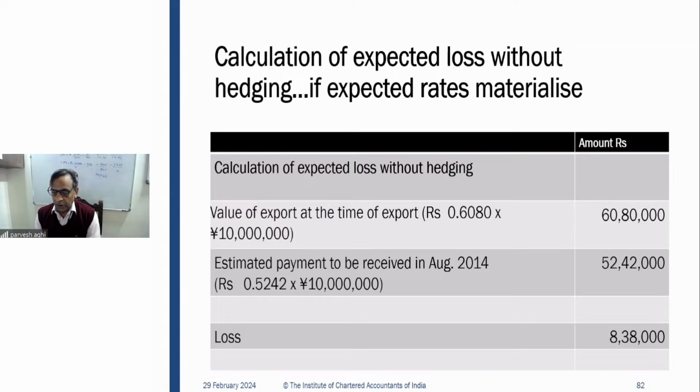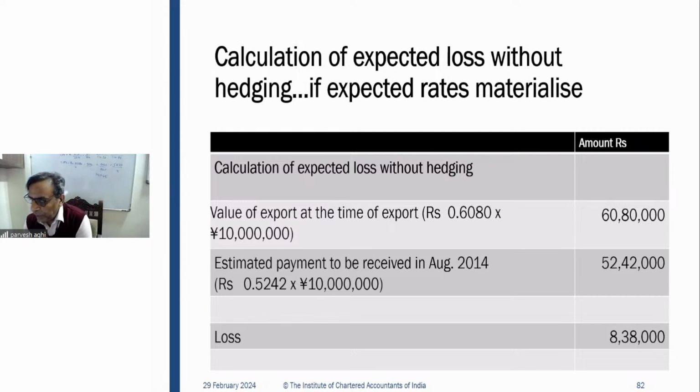The value of exports at the time of export: at the time when he exported, the rate was 0.6080. If you multiply this by yen, you would have got this much in rupees. But the estimated payment in the month of August 2014 would have been 0.5242, into 10 crores of yen.